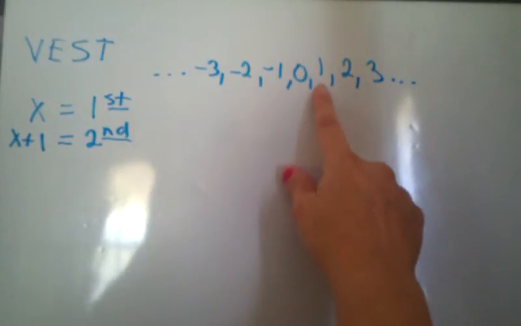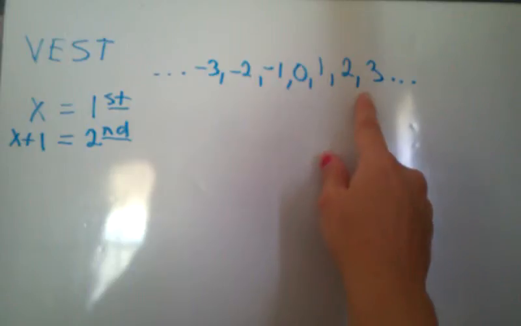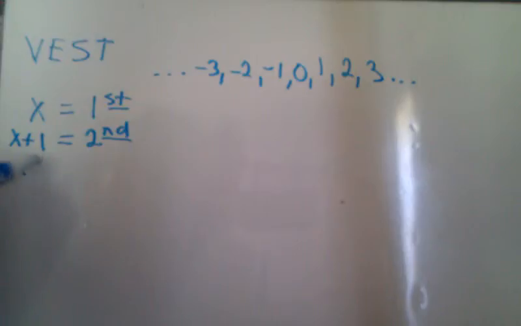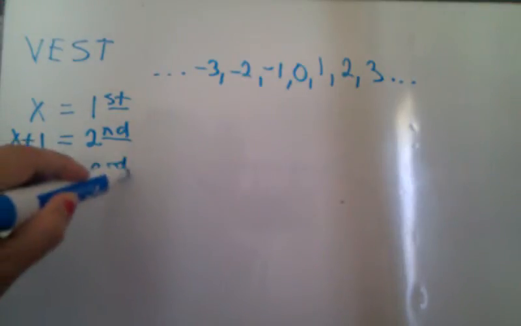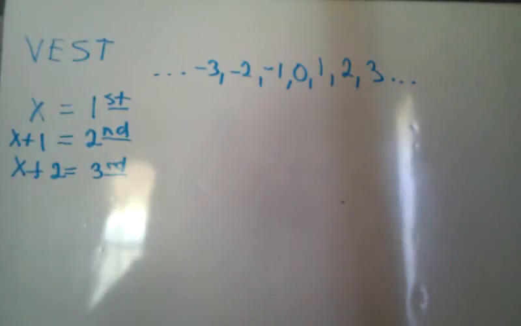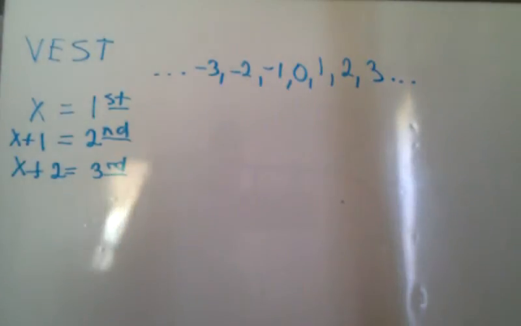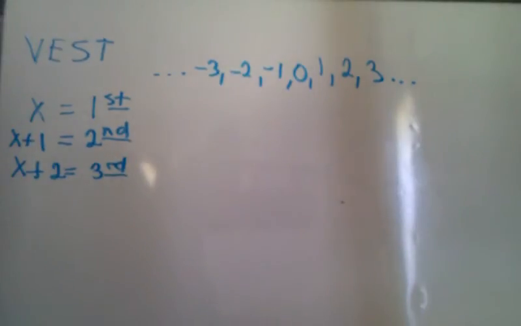How do I get to here? I have to add 2, right? So x plus 2 is going to be my third consecutive integer. So here are my variables, x, x plus 1, and x plus 2, because it says they have to be consecutive. Consecutive means in order. They have to be in order.